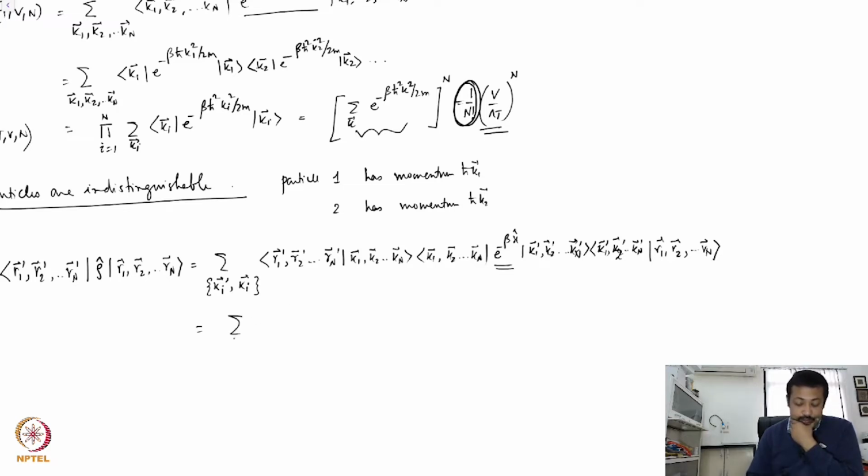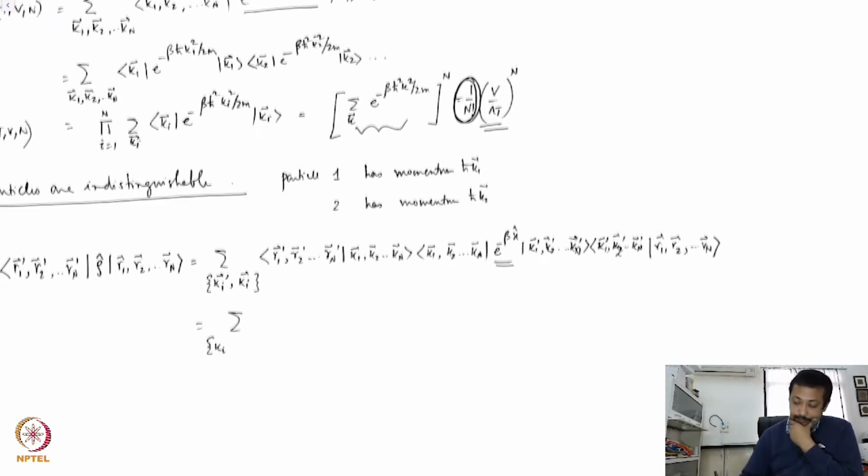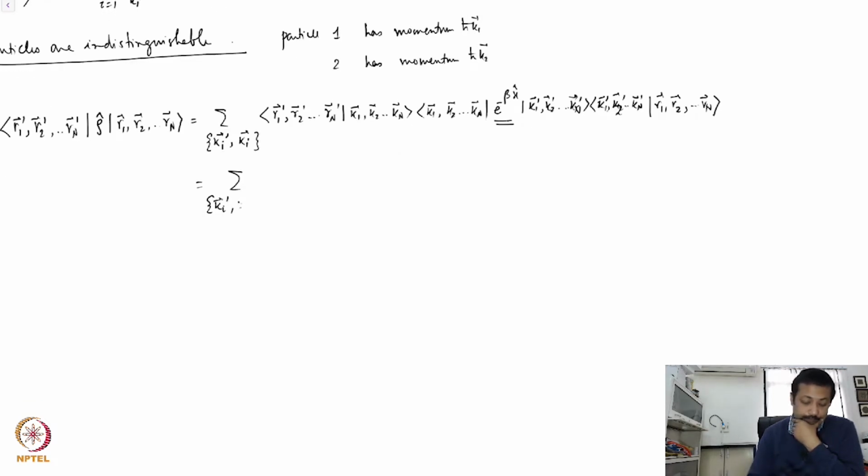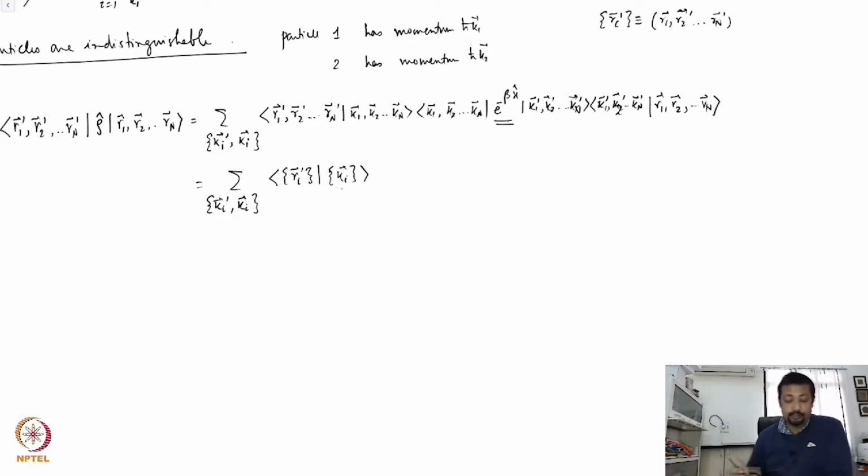I know this quantity now, so this is going to be sum of ki prime, ki, all the values of ki. Further, I'm going to compactify this notation, where this set is identical to r1 prime, r2 prime, rn prime, and so is this one with k1, k2, kn, and this is going to be e to the power minus beta h bar square over twice m sum over i ki square, and this is going to be your k prime i.